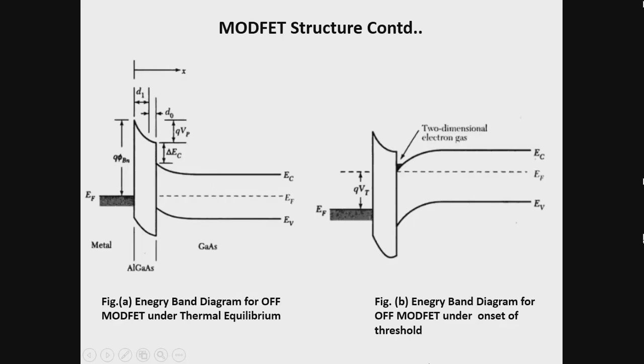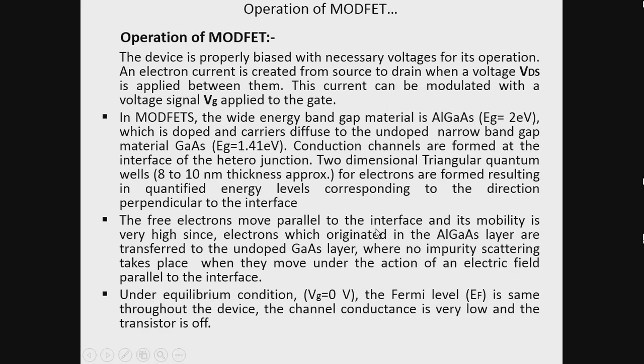Now we will discuss the energy band diagram for the operation of this device, and how this device is operated. The Modfet is properly biased with the necessary voltages for its operation.